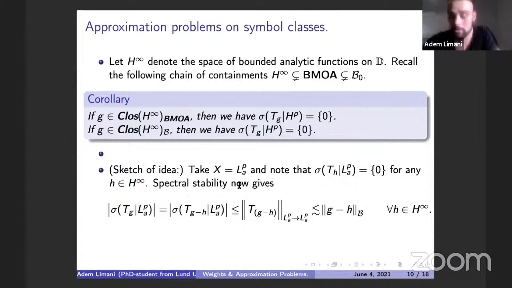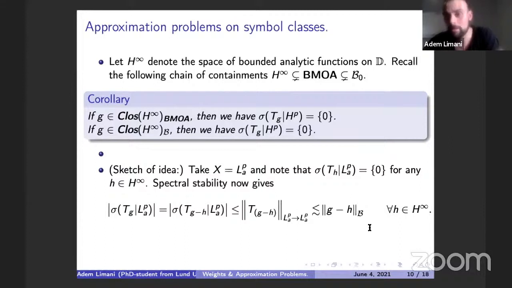And then basically using this spectral stability theorem, which we're not changing, the modulus here denotes the spectral radius. So adding an H doesn't change the spectrum. And then we do the trivial bound: with a spectral radius, we bound it by the operator norm. And then we know that the operator norm is related to the norm of the symbol classes.